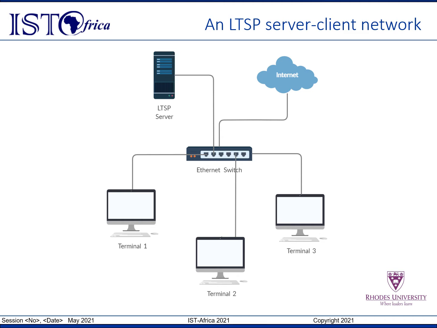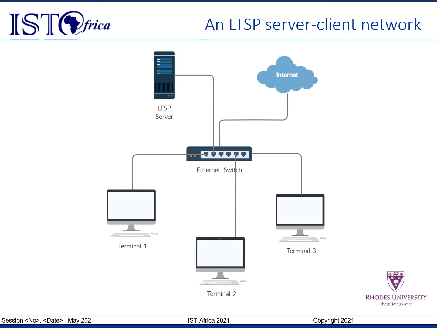On this slide, I have a diagram which shows the LTSP server, and it's connected to an Ethernet switch, and they are both connected on the same switch with the external network, in this case the internet. And also connected to the switch, we have three terminals: terminal 1, terminal 2, and terminal 3.